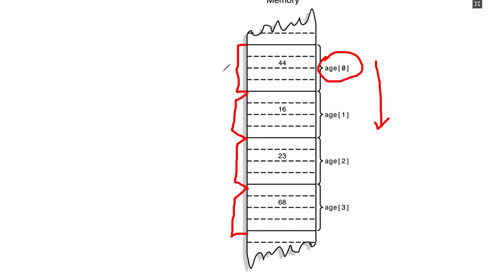If you want to save some number in this location, you say age 0 is equal to 44, or you can say cin age 0. So whatever the user enters, the number would be saved in age 0. Since this is called age 1, you can say cin age 1, or you can say age 1 equals 16. If you want to print this, simply say cout age 1. This would print the number stored in this location, and likewise you can do it for the remaining items.